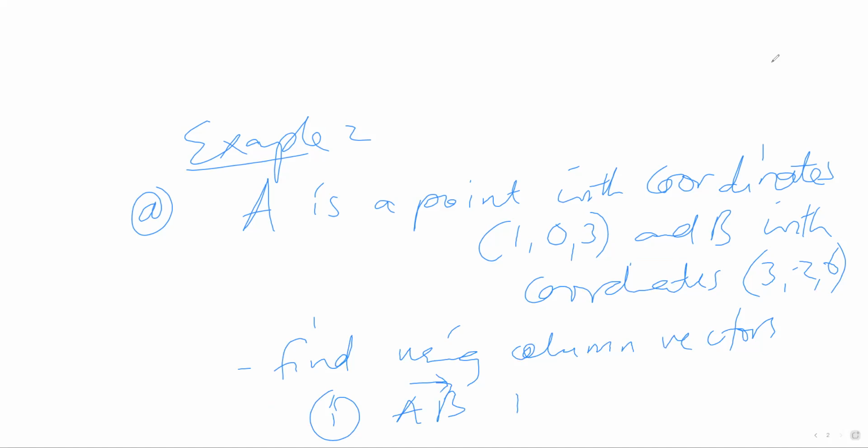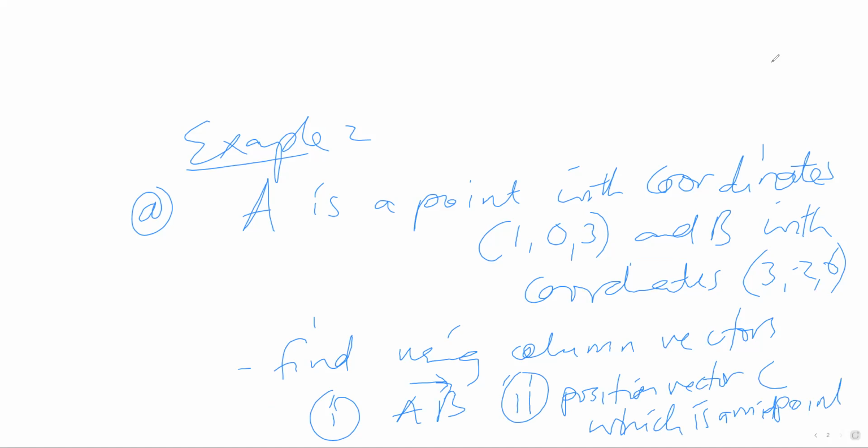And then the second question is we are told to find the position vector C. We are told C is a midpoint of AB.